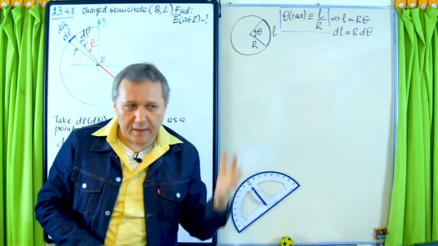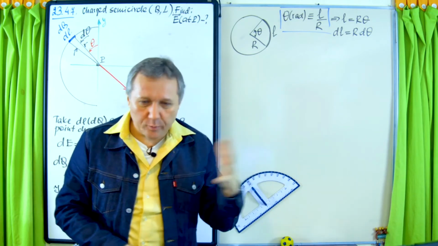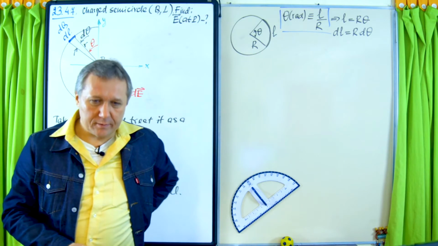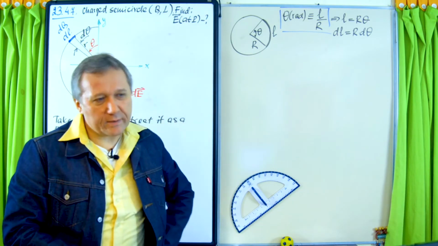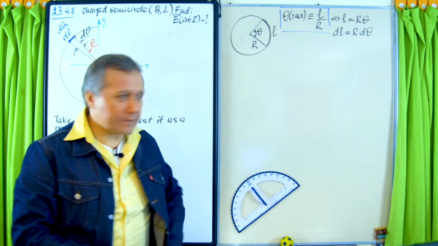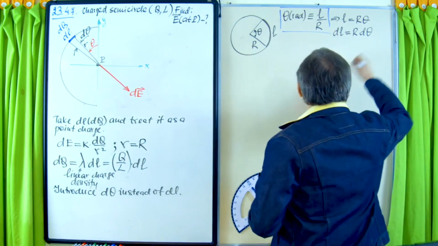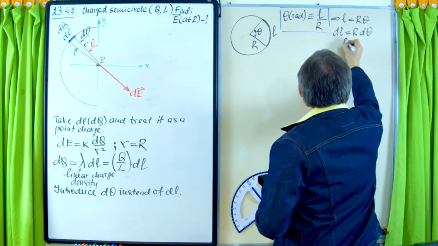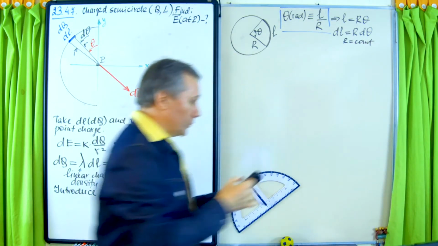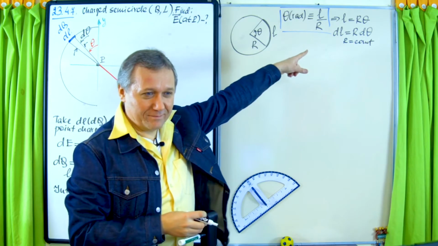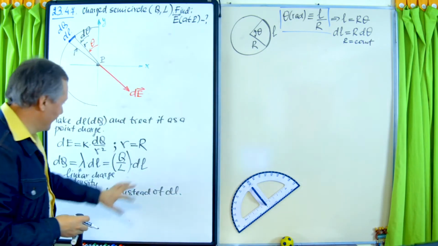Of course, you can use S, you can use L. It's a potato, basically the same. So S and L are interchangeable, basically. Of course, r is constant because it's a circle. Okay, so that's what we need over here.